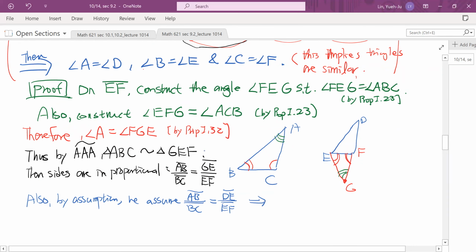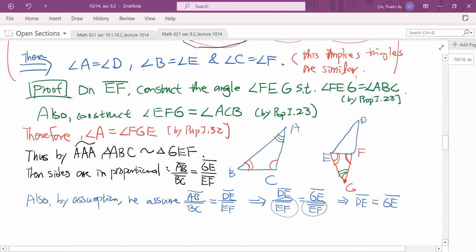So then this together means DE over EF is equal to GE over EF. But they have the same denominator, right? So this tells you DE is equal to GE.